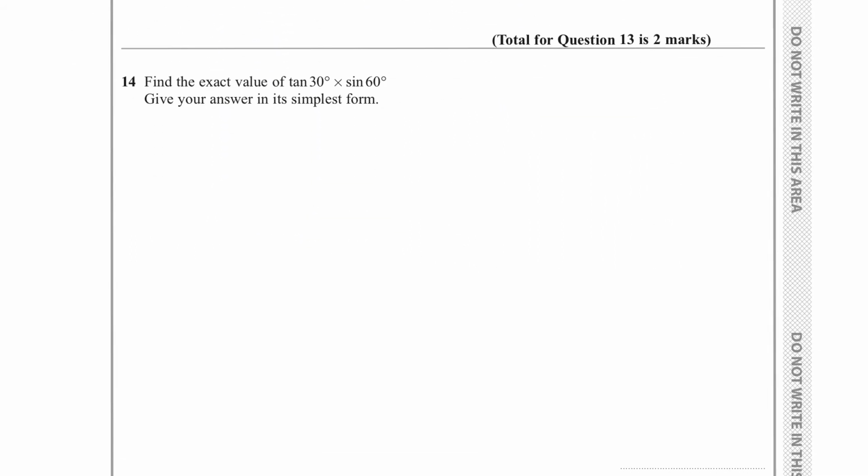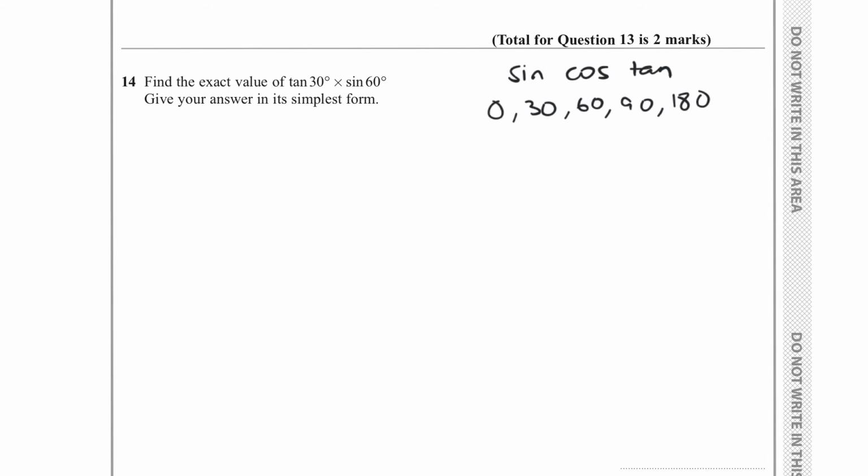Then question 14 says, find the exact value of tan 30 times sine 60. This is very important for you to learn your values of sine, cos, and tan for 30 degrees, 60 degrees, 90 degrees, 180 degrees, and I guess 0 as well.